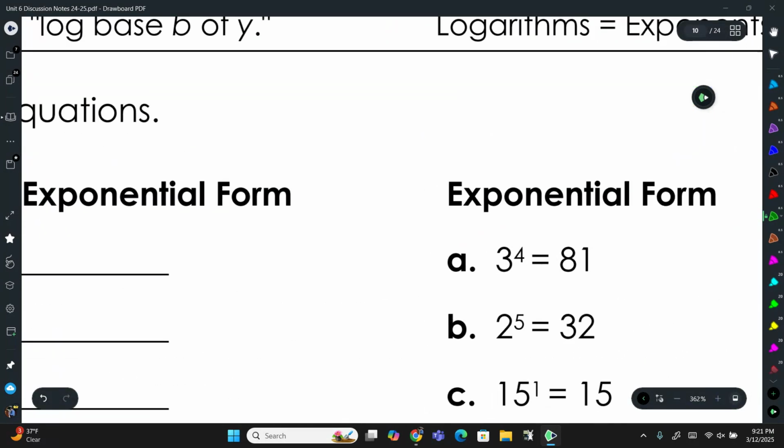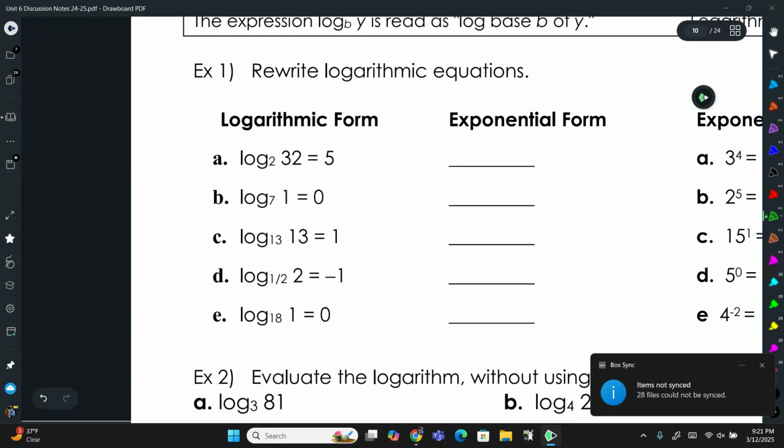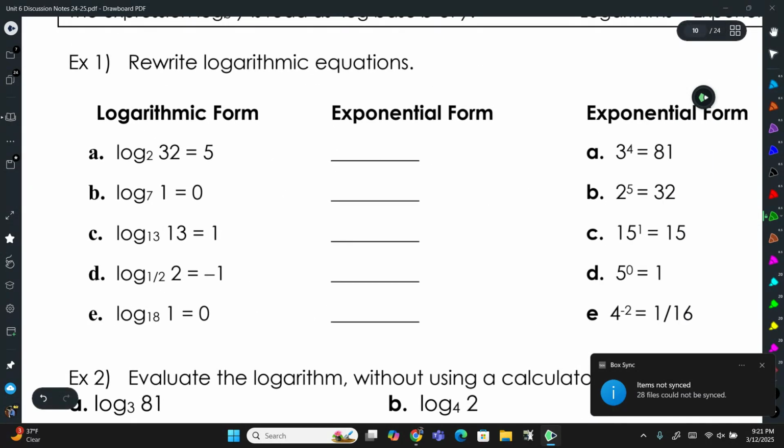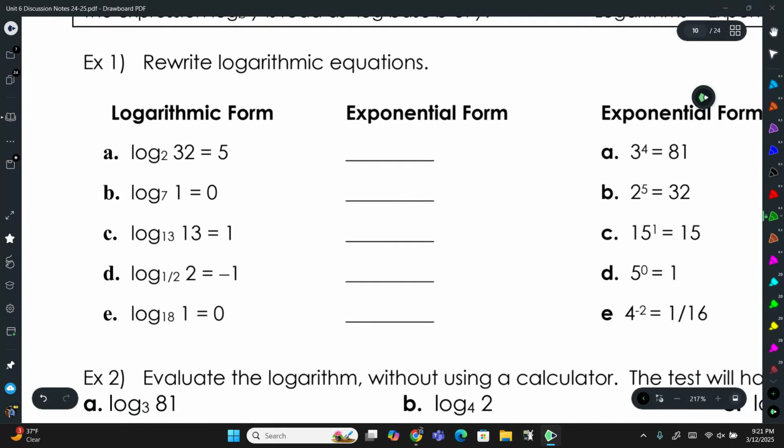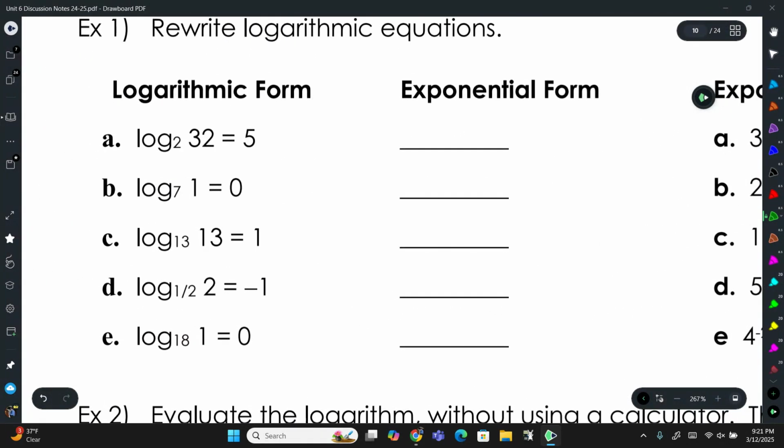So down here, we're going to rewrite some logarithms going from log form to exponent form and then exponent form to log form, just so that we understand how to convert. So this is log base 2 of 32 equals 5. So our base is 2, so I'm going to write 2.